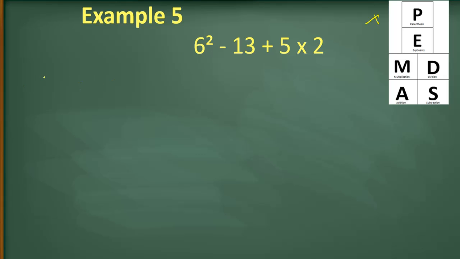So when we say 6 squared, it means you will multiply 6 twice. So if you will multiply 6 times 6 is equals to 36. So 6 squared or 6 raised to the second power is equal to 36. Then we bring down the rest. Minus 13 plus 5 times 2.